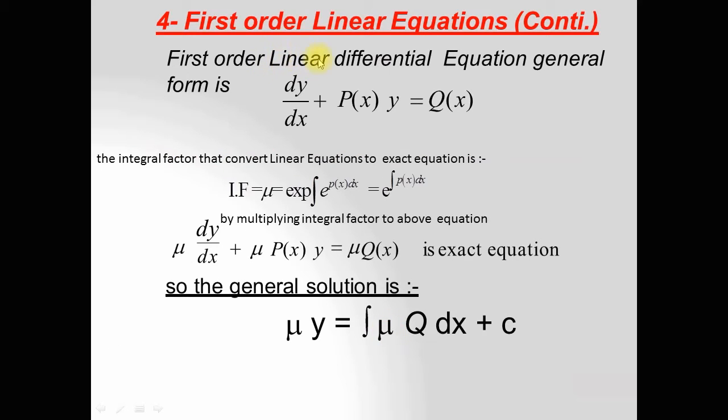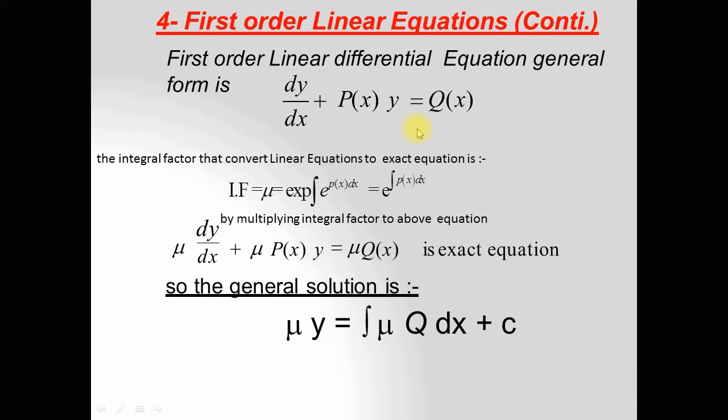Now the general form of a first order linear differential equation is dy by dx plus p of x into y is equal to q of x. Dear students, this is the general form of a first order linear differential equation.